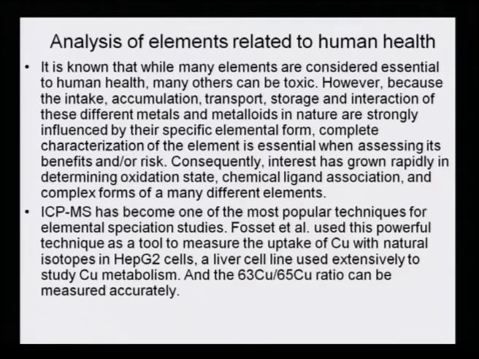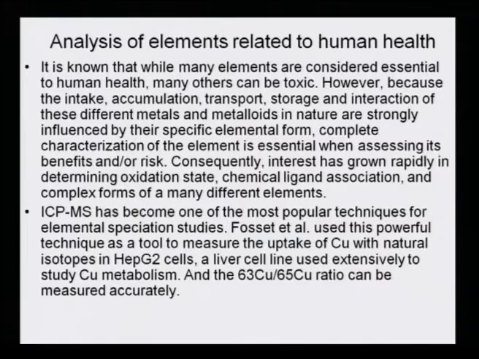Fawcett et al. used this powerful technique as a tool to measure the uptake of copper with natural isotopes in HepG2 cells, a liver cell line used extensively to study copper metabolism, and it also showed that the isotopic distribution of 63 copper and 65 copper ratio can be measured accurately.